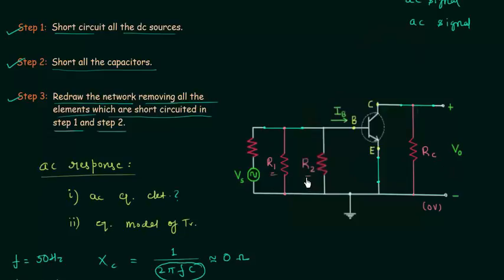Resistance R1 and resistance R2 are connected in parallel, so we can have a single resistance, that is the equivalent resistance. I will remove the 2 resistances and we have the equivalent resistance. Let's say it is R equivalent. So R equivalent is equal to R1 parallel R2, which is equal to R1 R2 divided by R1 plus R2. So this is the final AC equivalent circuit of the BJT amplifier.